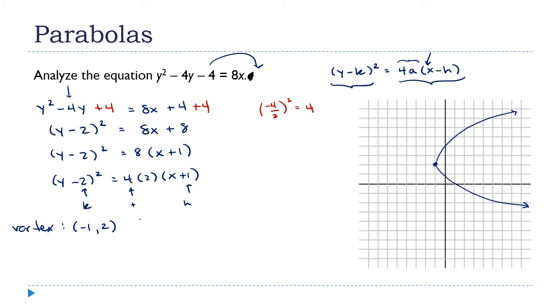The focus is on the inside. The directrix is on the outside. Okay, and I know what a is, right? a is 2. So this distance here is 2, which means this, I got this exactly right. That was just dumb luck, right? This point is over 1 up 2, and that's the focus.